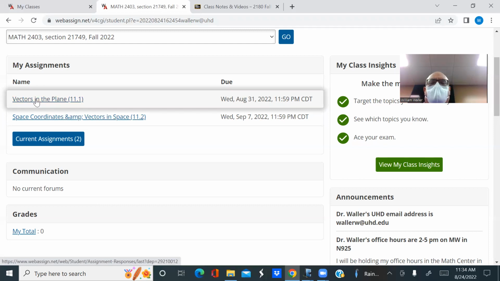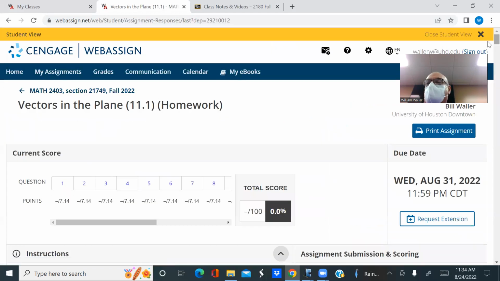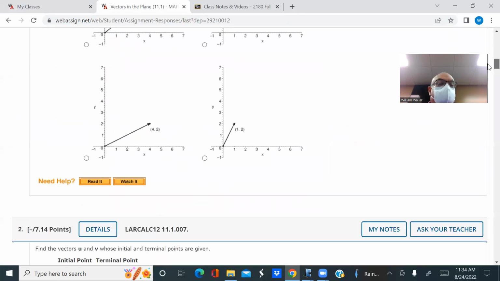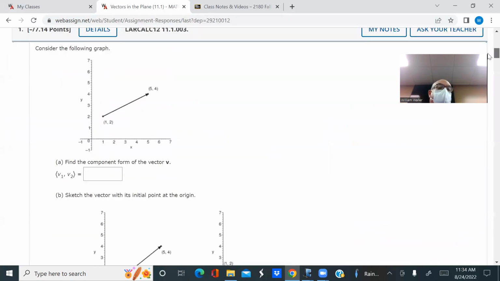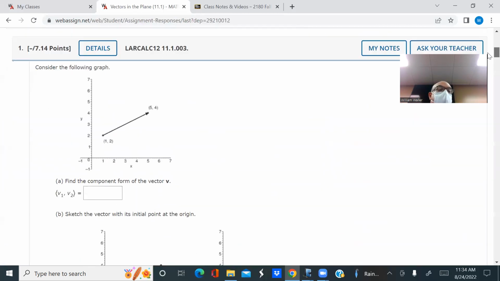Let me open this though. Let's just look at it here briefly. So let me click on it. Most of it is, I think, pretty easy to understand, I mean, the questions once you've sat through the lectures. So for instance, on this very first one, they show you a vector here with the initial and the terminal points.